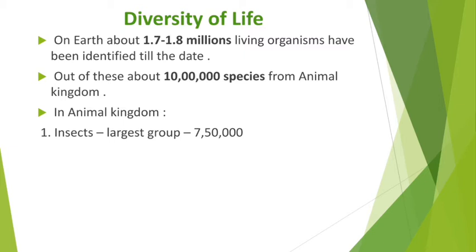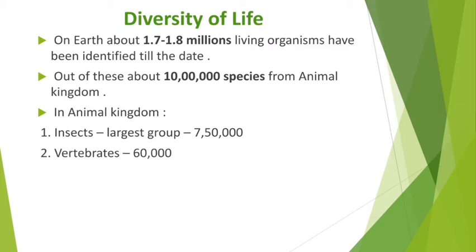So 7,50,000 varieties of insects are available in the animal kingdom. Clear? So insects occupy the highest position in the animal kingdom.